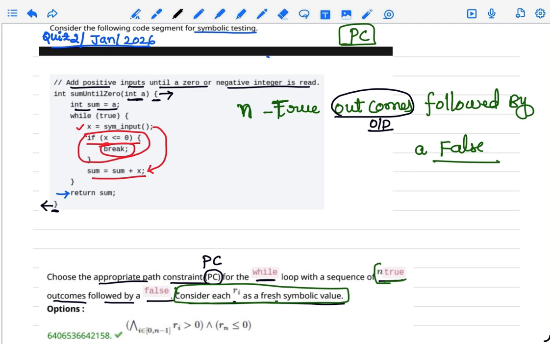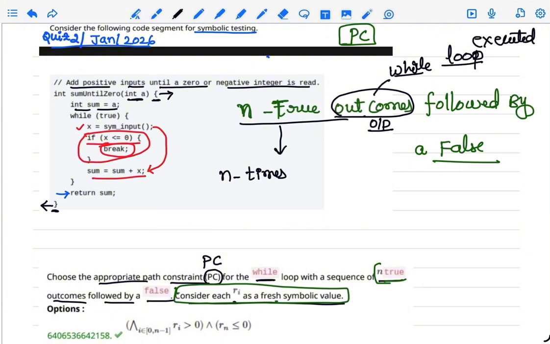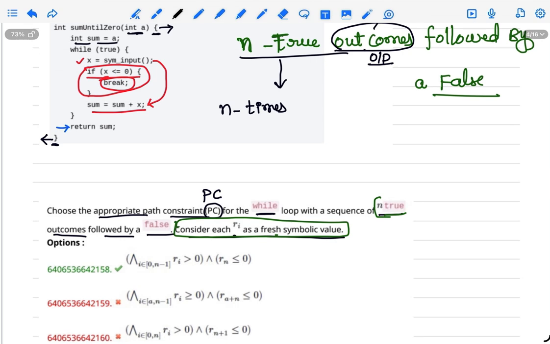So n true outcomes means n times the while loop is executed. They mention to choose the appropriate path constraint PC for the while loop with a sequence of n true outcomes followed by false.